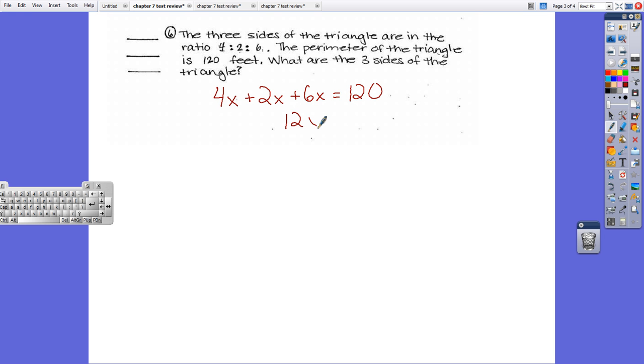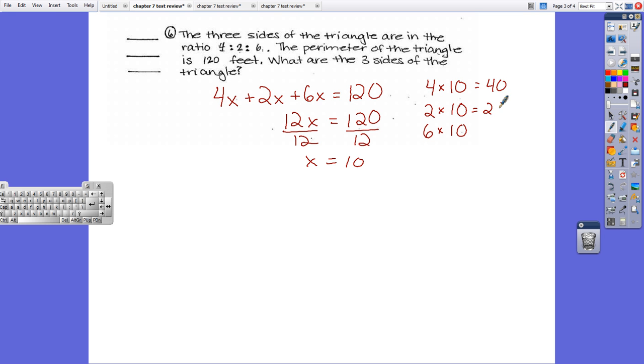Divide by 12. x equals 10. Again, I'm not done. I have to plug this into the sides. So I have 4 times 10, 2 times 10, and 6 times 10. This is 40. This is 20. This is 60. Alright, and those are my answers.